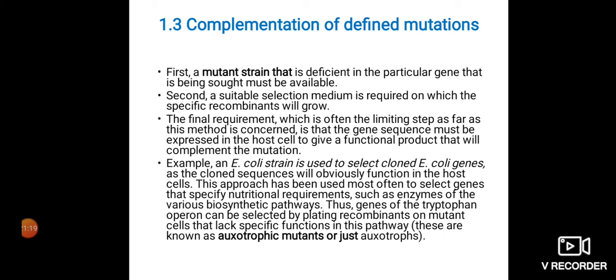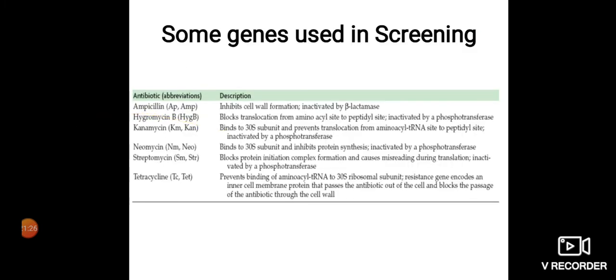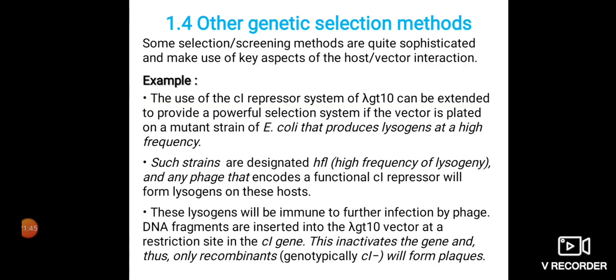If you do not provide it, they will not grow because they lack the capacity to synthesize the amino acid tryptophan. Like that, people go for screening by using a number of genes. Here I have given you the list: ampicillin, hygromycin, kanamycin, neomycin, streptomycin, tetracycline. These are some of the antibiotic genes used for insertional inactivation or also for genotype screening.